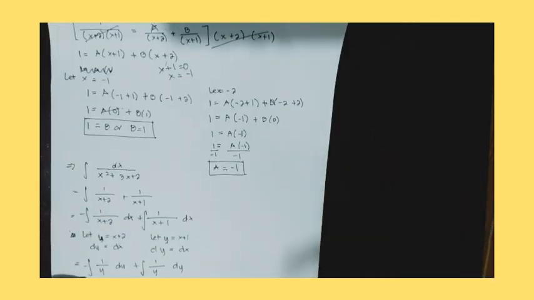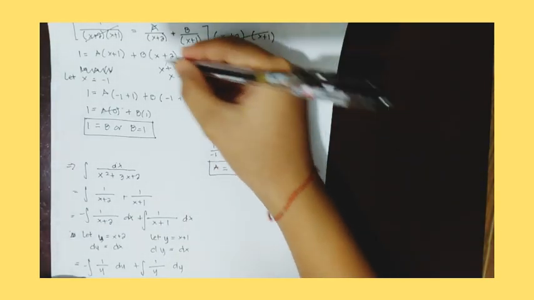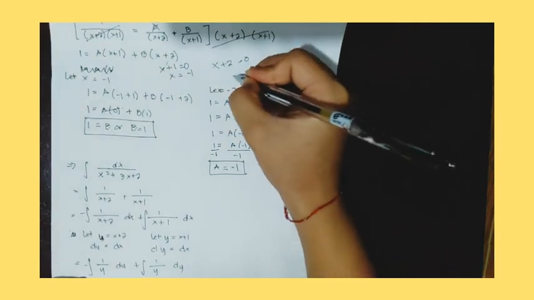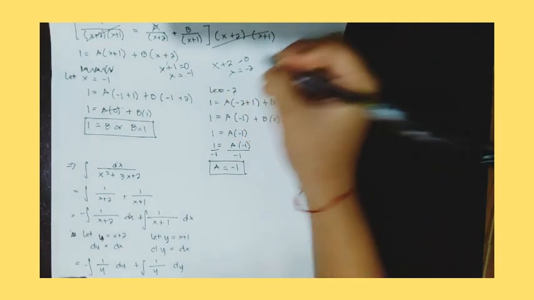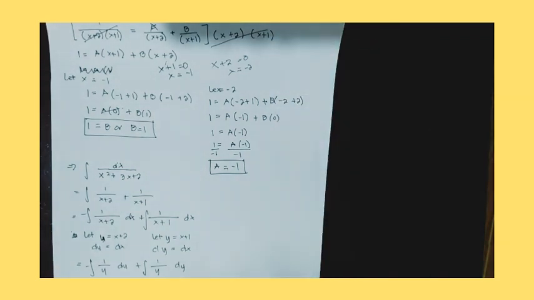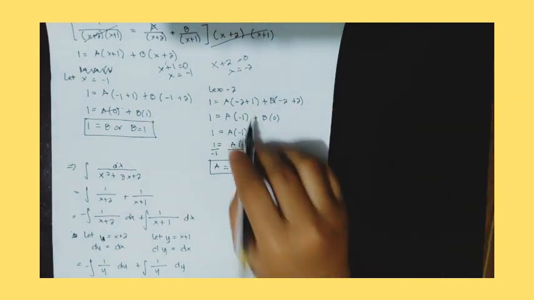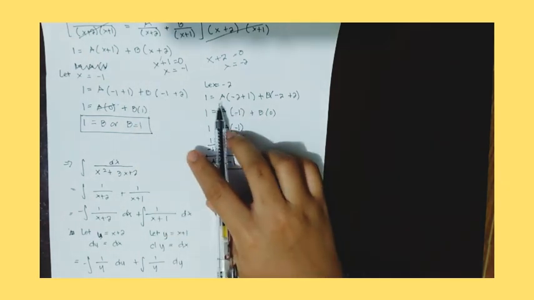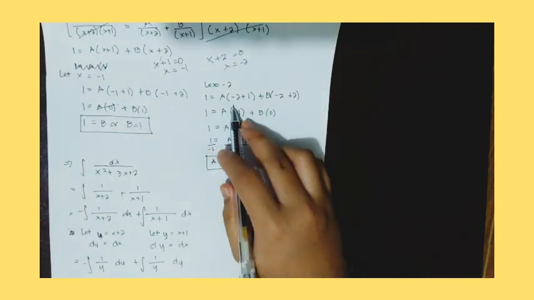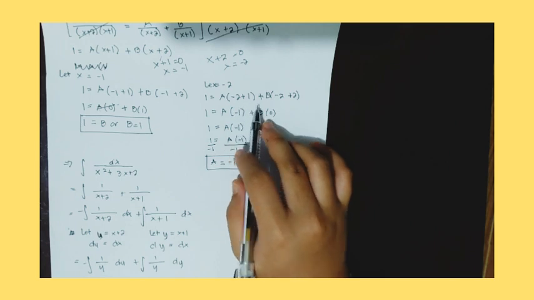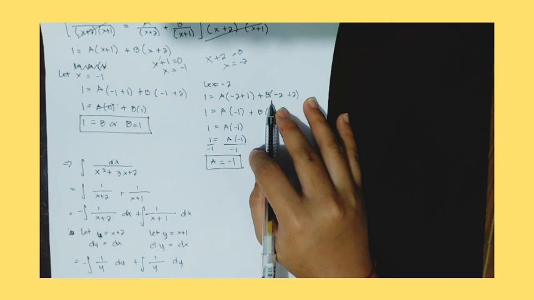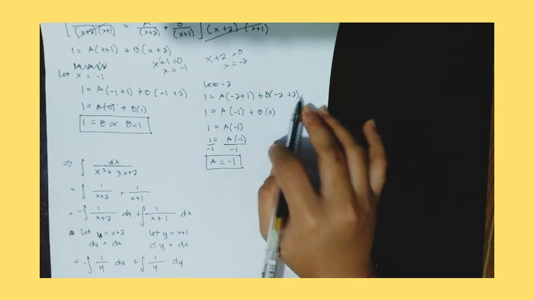To get A, we do the same. x plus 2 is equal to 0, then x is equal to negative 2. Let x be negative 2. Then 1 is equal to A times negative 2 plus 1, plus B times negative 2 plus 2.